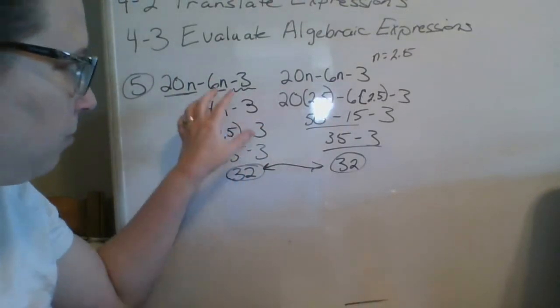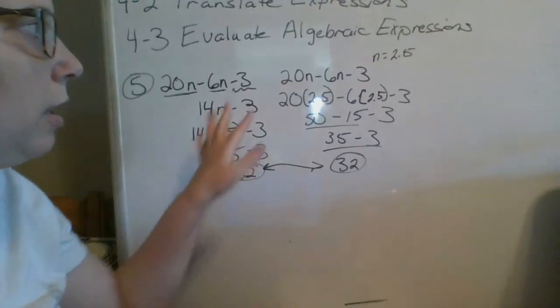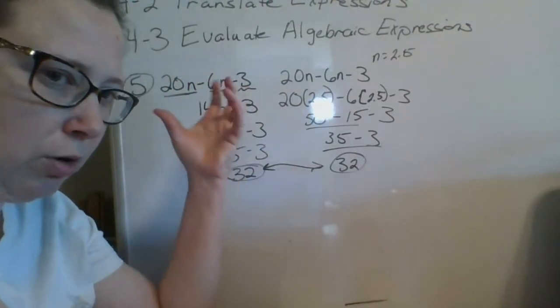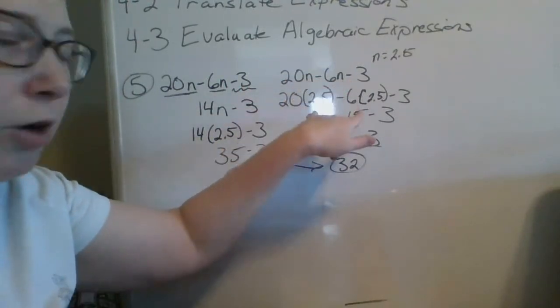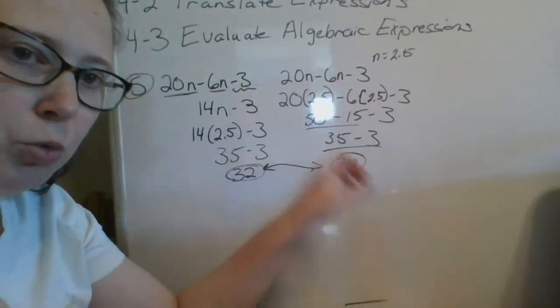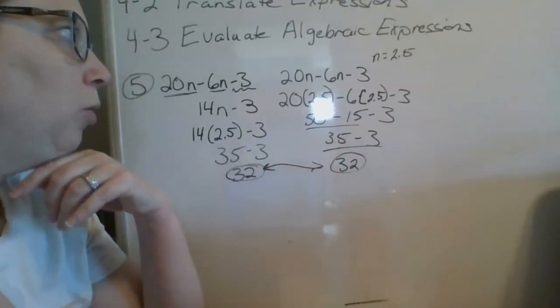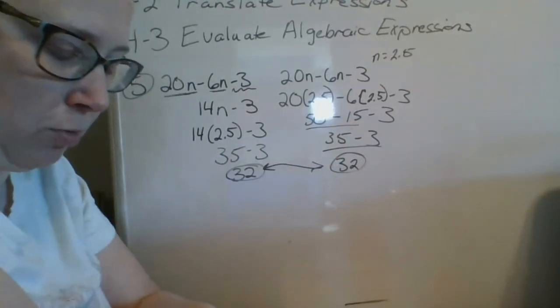So I do recommend combining those like terms where you feel comfortable doing it. If, however, that's confusing you, you're not sure how that's working, go ahead and just substitute in for all your variables and solve it out. You will get the same answer. What I would like you guys to do now is to try some of these problems.